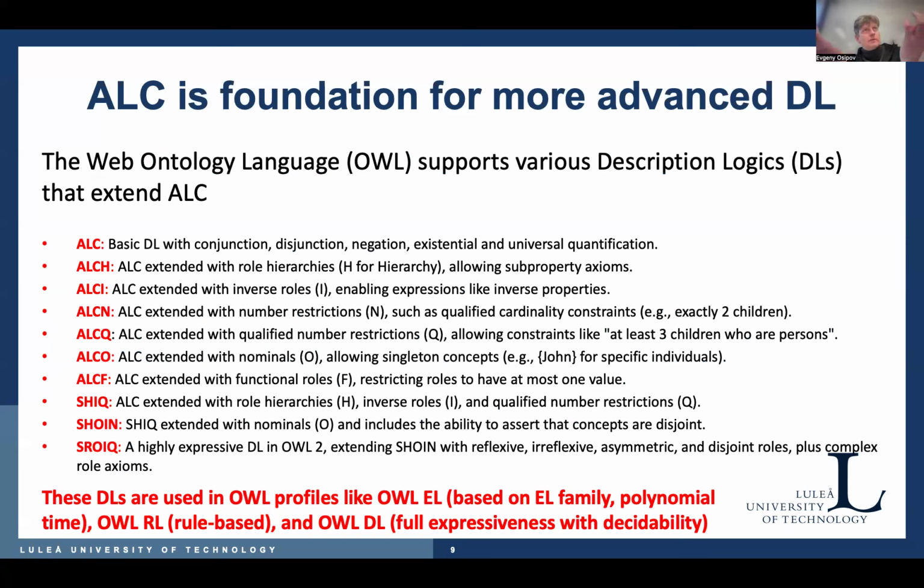What does it mean? It means that if you need a more complicated language to describe your relations between concepts and individuals, you can do that. But then it should be supported first by the language itself, and secondly, it should be supported by the reasoner that works with this kind of definition.